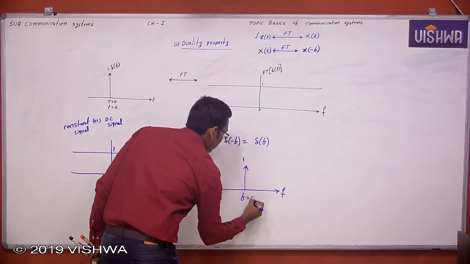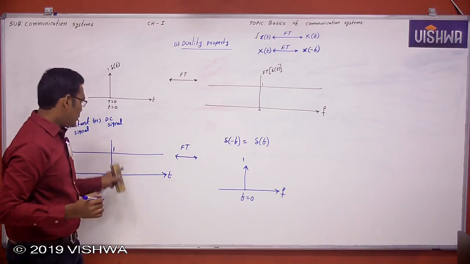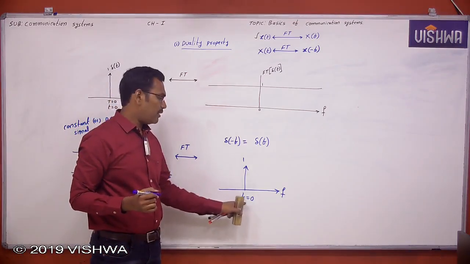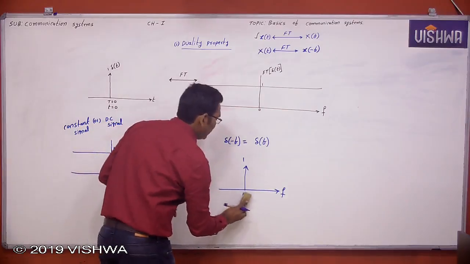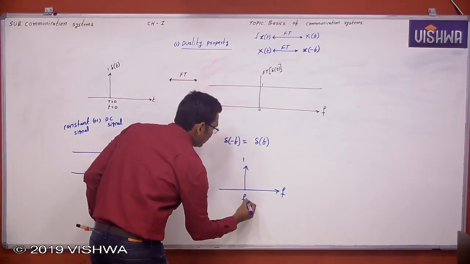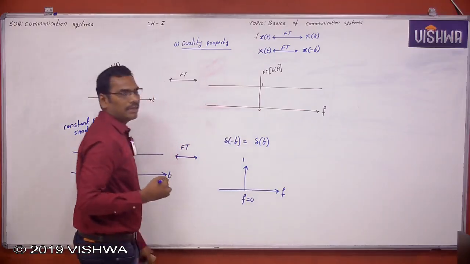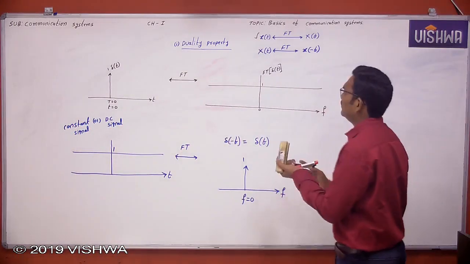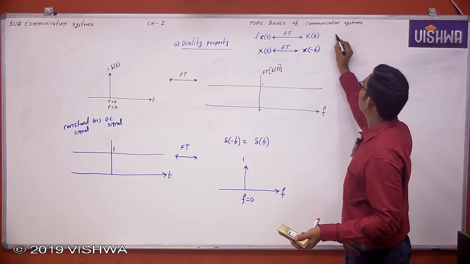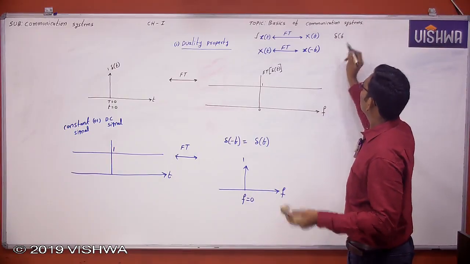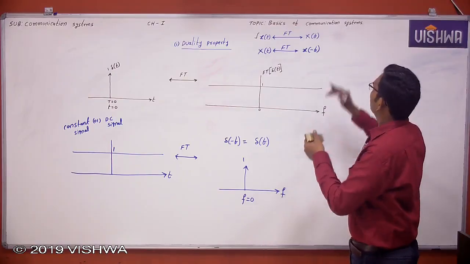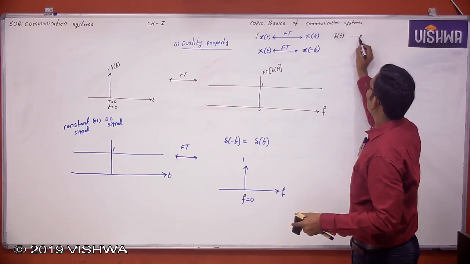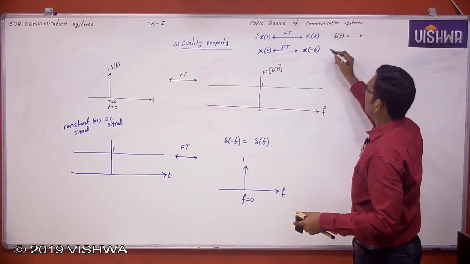Which means that the spectrum of a DC signal is an impulse function at f equal to 0. Clear or not? So I can write it like this for better understanding. This is the impulse function whose Fourier transform is 1.